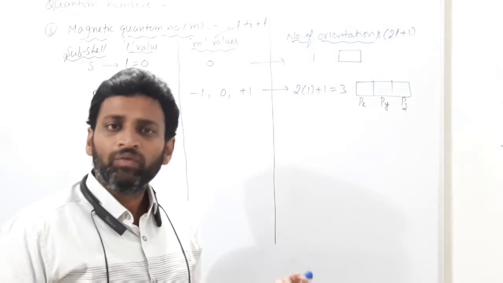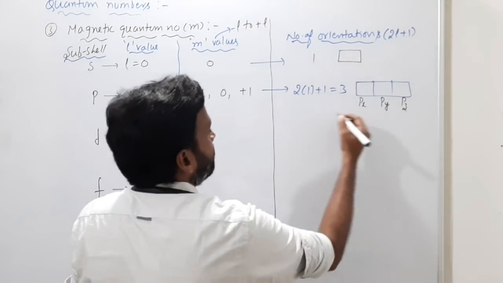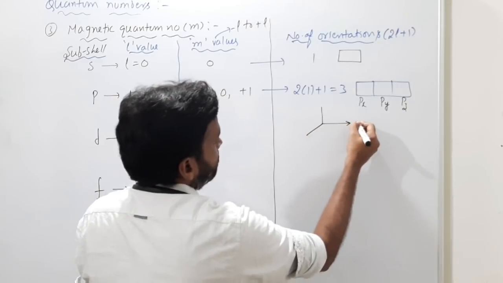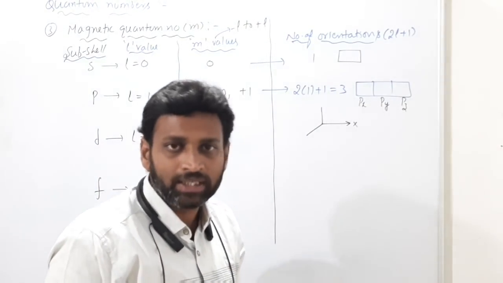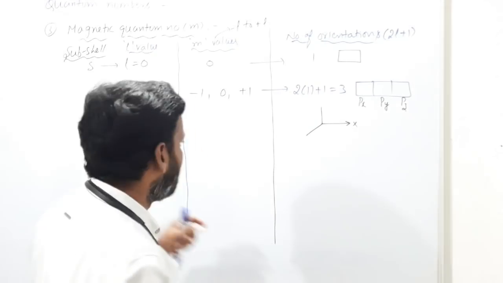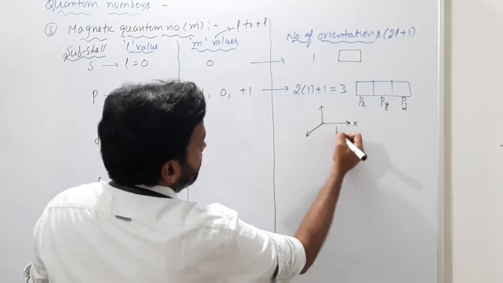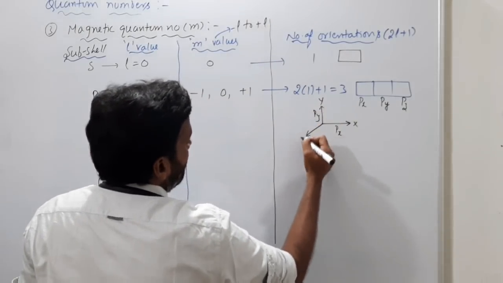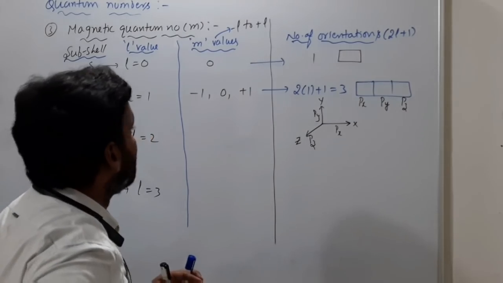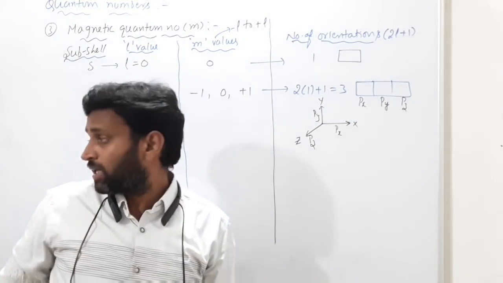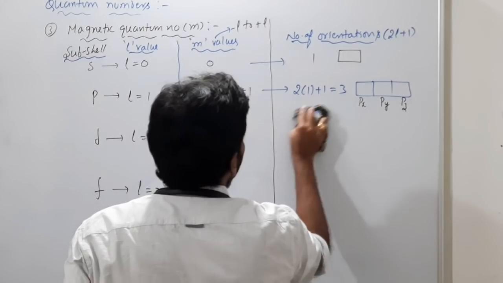For the p subshell, one orientation is along the x-axis, one along the y-axis, and one along the z-axis. The electron orientation is like that in a three-dimensional manner. So the p subshell consists of electrons in 3 possible directions: Px, Py and Pz.